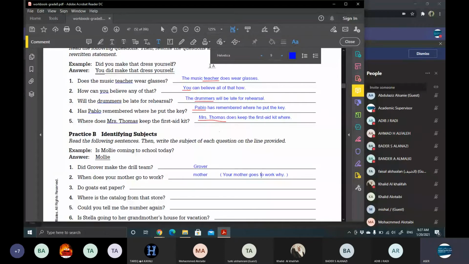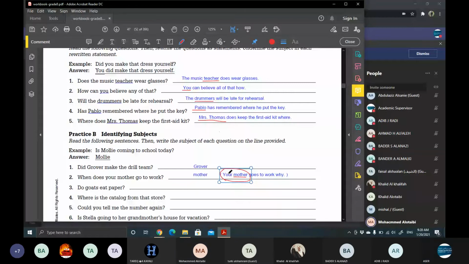Like practice number 8. So here we have the complete subject. Complete subject is your mother. Your is what, guys? And mother, of course, is... Possessive pronoun. We used it here in the sentence as what?